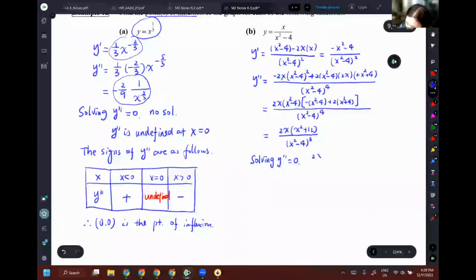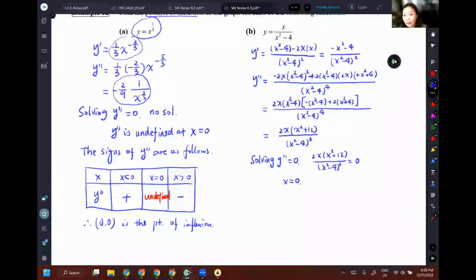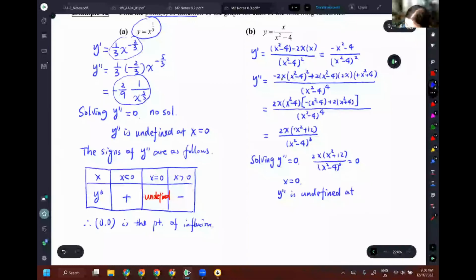I have 2x times x squared plus 12 divided by x squared minus 4 cubed equals 0. X equals 0 only. I have one solution. I will test this point. But y prime prime is undefined at x equal 2 and x equal negative 2. Okay, I will also check these two.